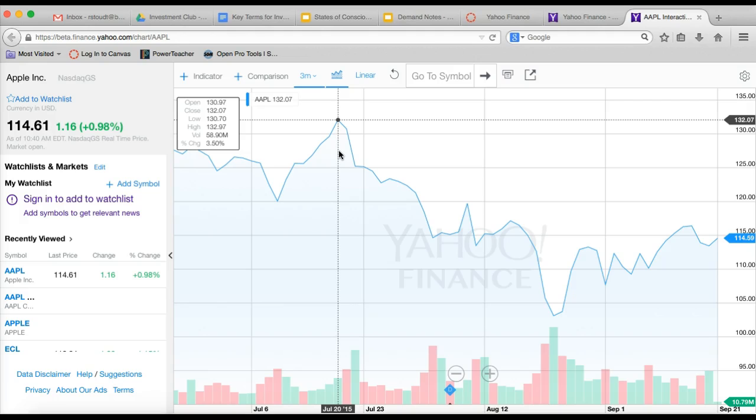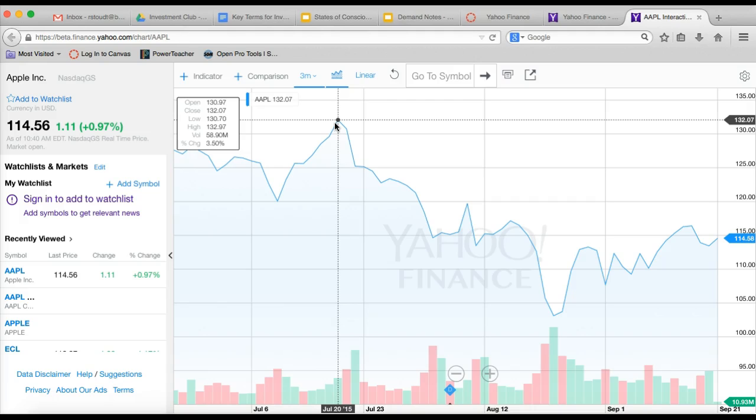Look at the closing price. That tells you what the price of Apple was at the close of that day. It was 132.07, which, if you remember from the last screen, the 52-week high for Apple was 134. So that was very close to its 52-week high.